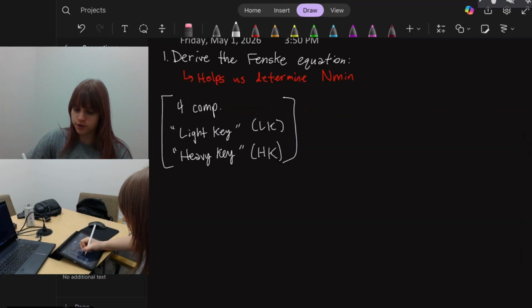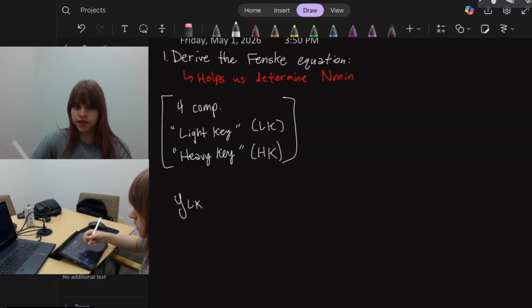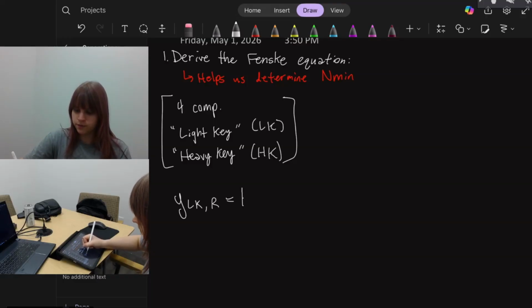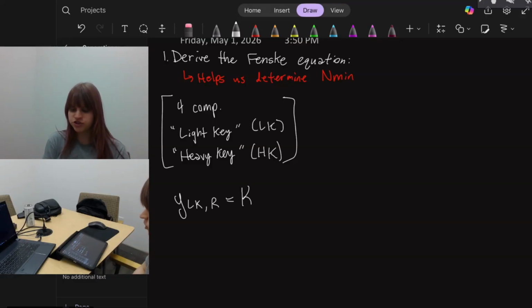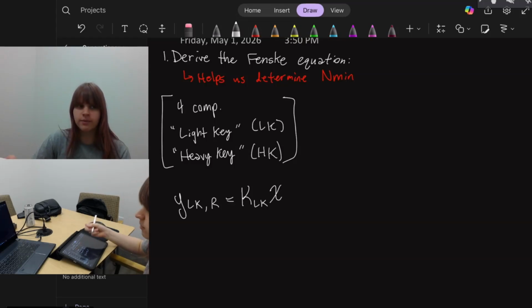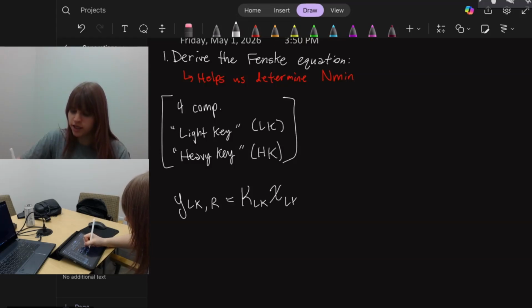So our vapor composition of the light key, this R means I'm talking about the reboiler, and that is equal to our K partition coefficient of the light key times the liquid composition of the light key.